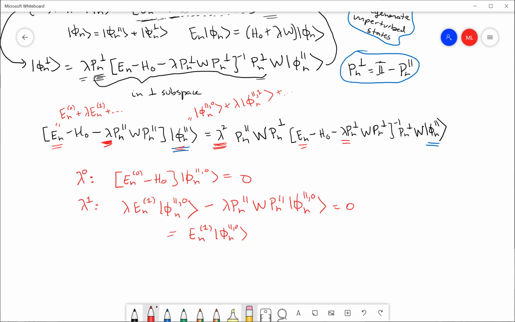And that's indeed what this equation is telling us: to leading order, you want to solve this eigenvalue equation. This is the matrix, which is W in that degenerate subspace, and this is the eigenvalue, the correction. So the correction is the eigenvalues of W in that degenerate subspace. That's exactly what we would expect, right?